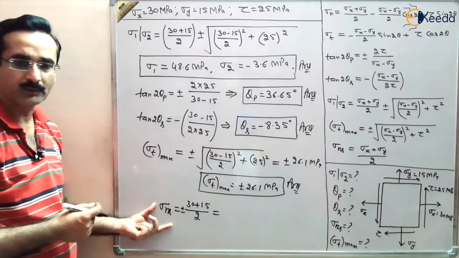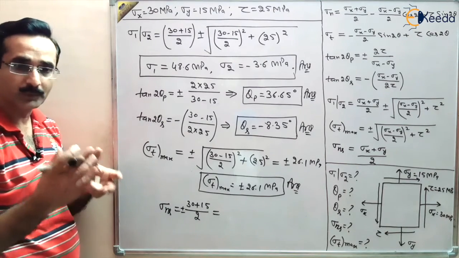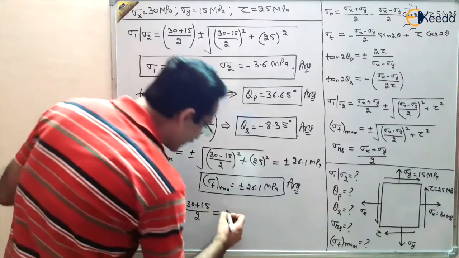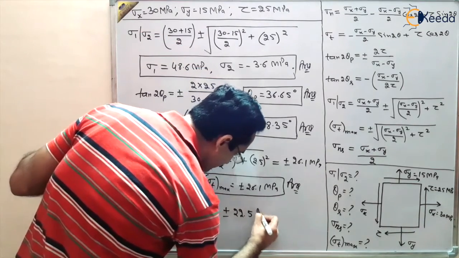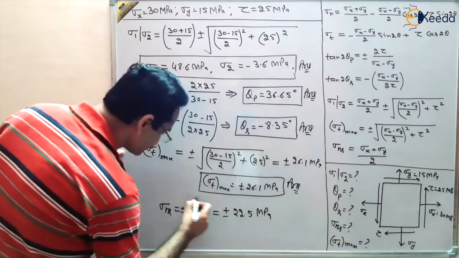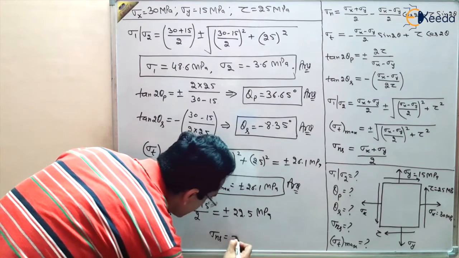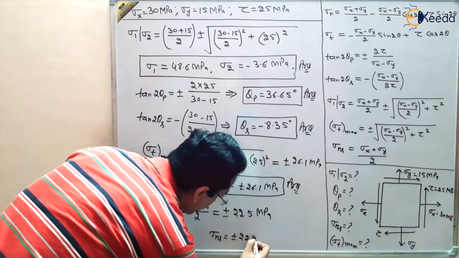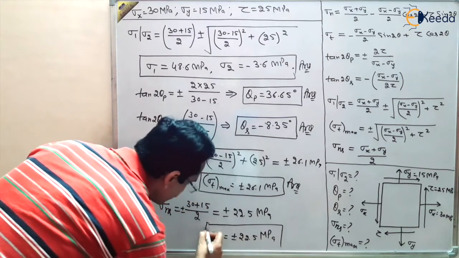You can take that because there are two normal stresses at two perpendicular planes. You will get plus minus 22.5 megapascal as the answer. So here I am writing sigma ns equal to plus minus 22.5 megapascal. This is the last answer of this question.